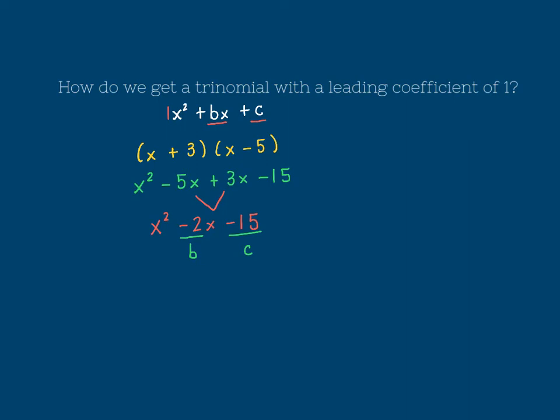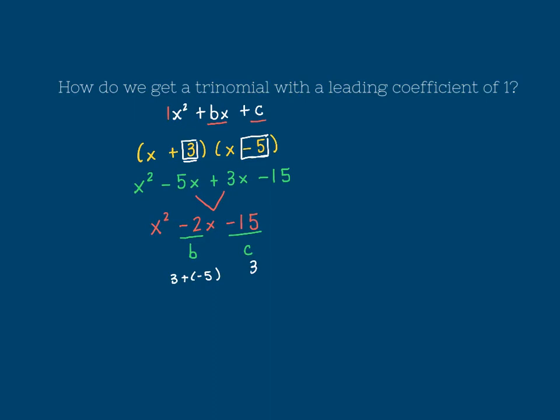Now if you look at what we started with, the way that we get the negative 2 is by adding the 3 and the negative 5 together. So 3 plus negative 5 gave us the negative 2. And the way that we get the negative 15 is by multiplying the 3 and the negative 5 together.